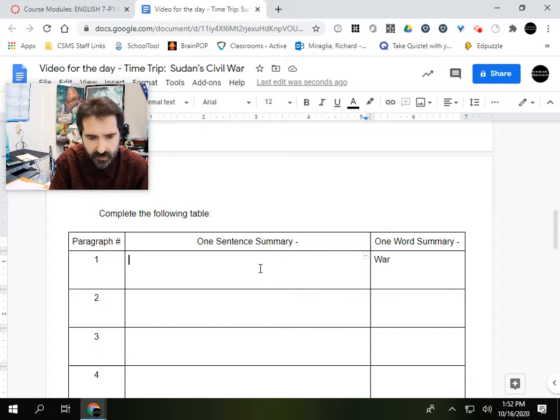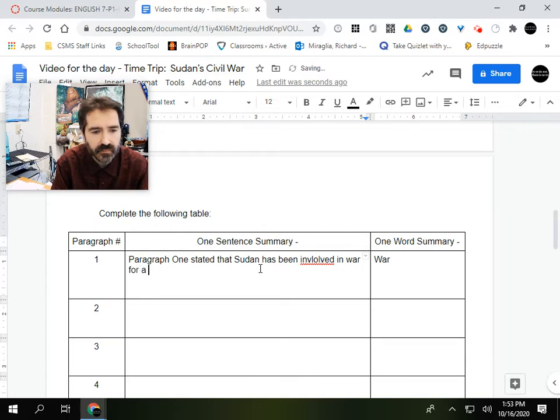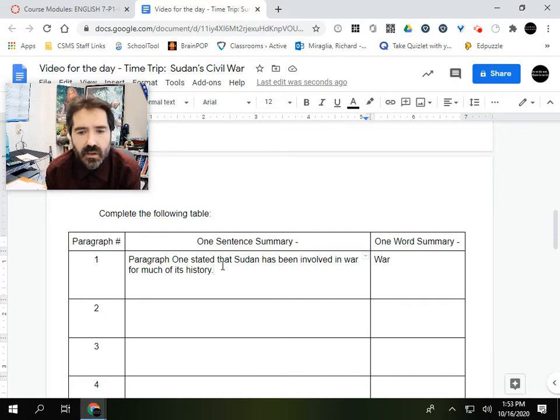So for paragraph 1, I would say: Paragraph 1 stated that Sudan has been involved in war for a very long time, for much of its history. I always want to spell check, sometimes my fingers get ahead of themselves. Paragraph 1 stated that Sudan has been involved in war for much of its history. So that's my summary of paragraph 1.